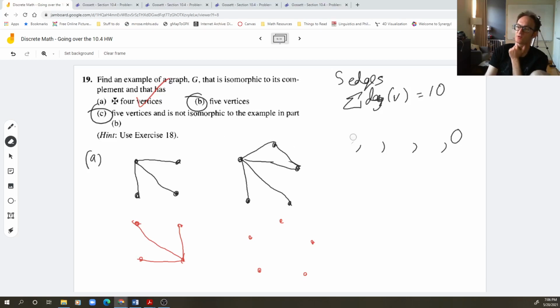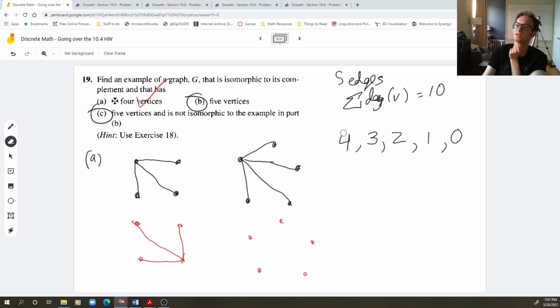If there's a vertex of degree 4, then there has to be a vertex of degree 0. And if there's a vertex of degree 3, then there has to be a vertex of degree 1. So this is actually exactly what I had. I think I just somehow did a terrible job of actually doing it.